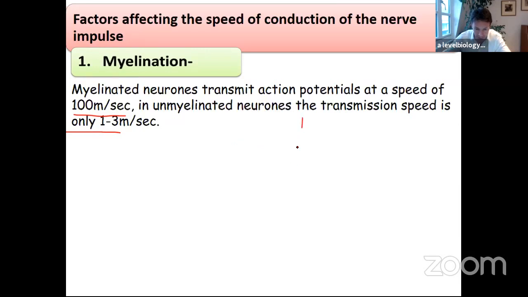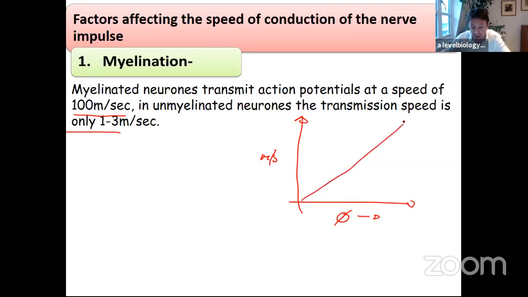So if you plotted diameter of the axon along the bottom and speed of transmission in meters per second, what you get is this for an unmyelinated axon. At about 1 millimeter in diameter, it's got a speed of transmission of about 100 meters per second.